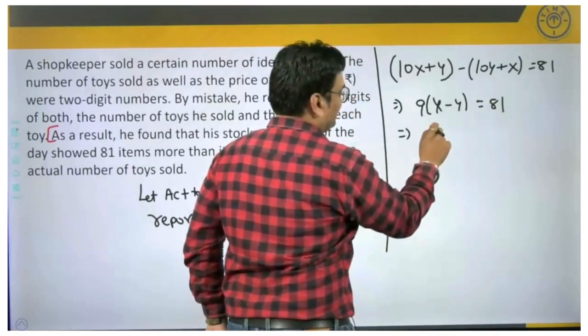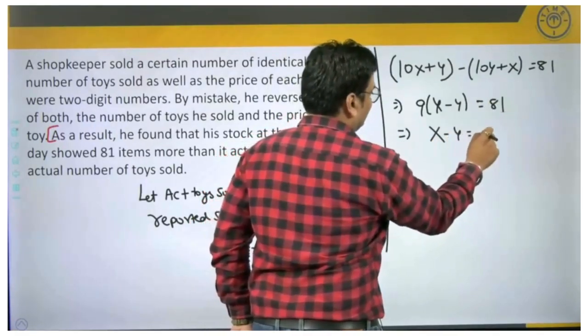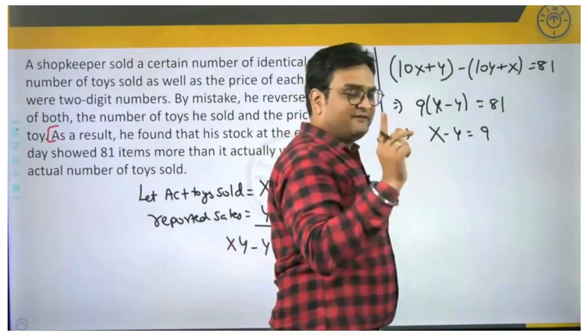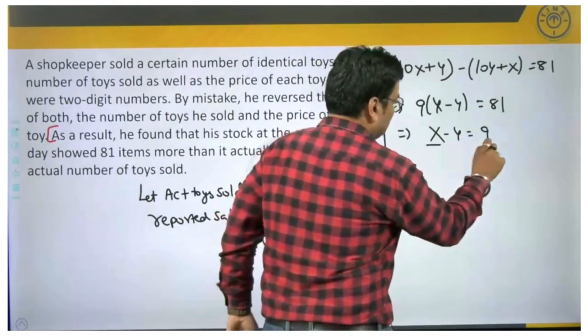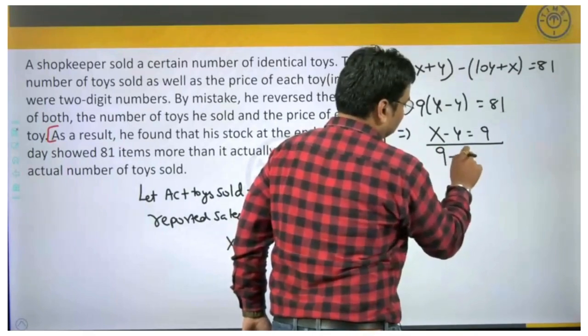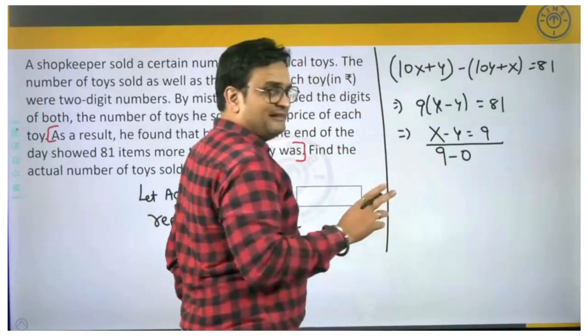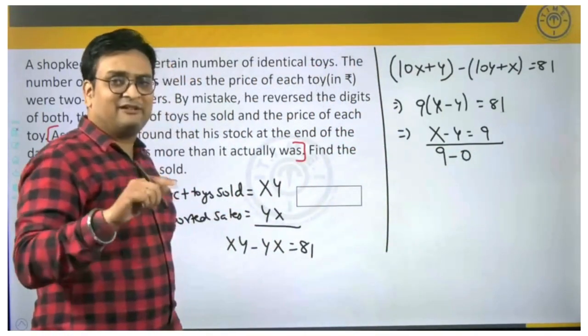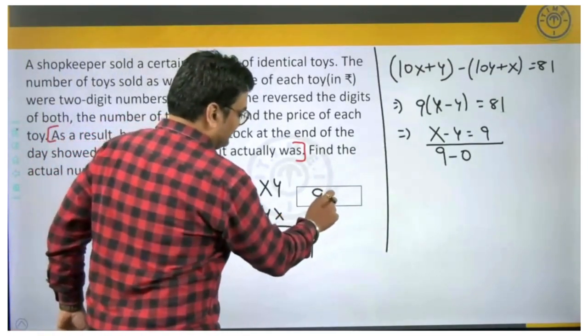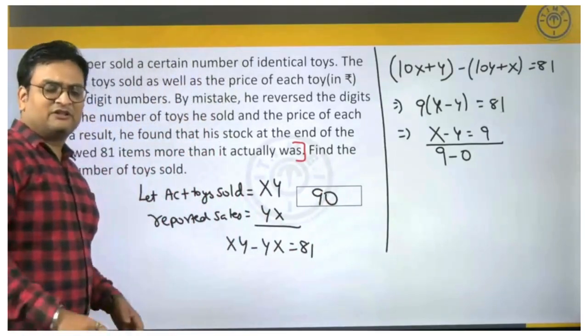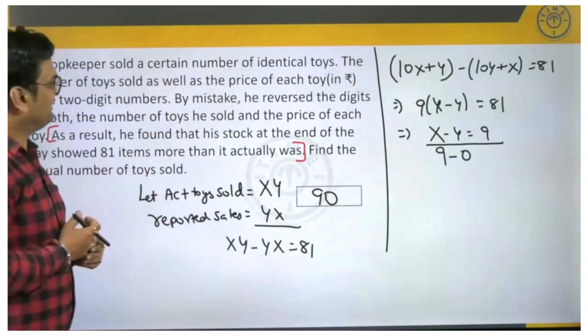So hence X minus Y is 81 by 9, which is 9. Difference of 2 digits is 9 only in one case, which is 9, 0. Thus X is 9 and Y is 0. So if X is 9 and Y is 0, he is asking us to find the actual number of toys sold. It's only 90. So actually there were 90 toys which were sold.